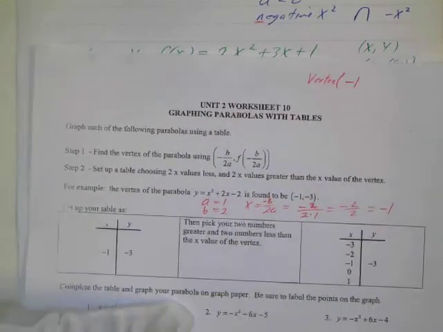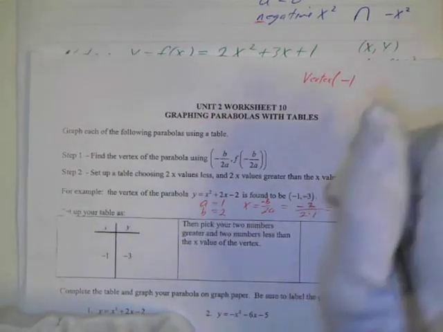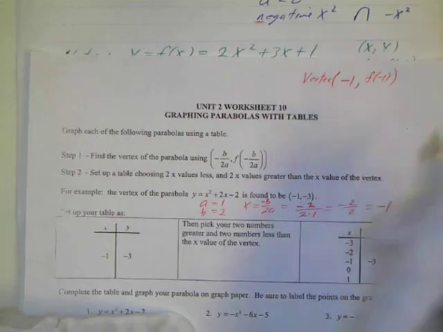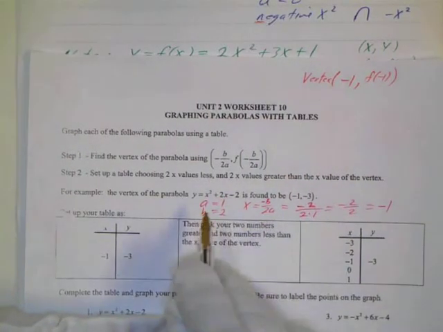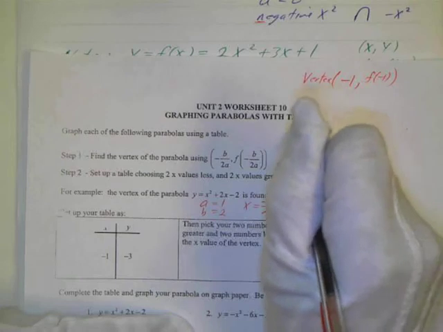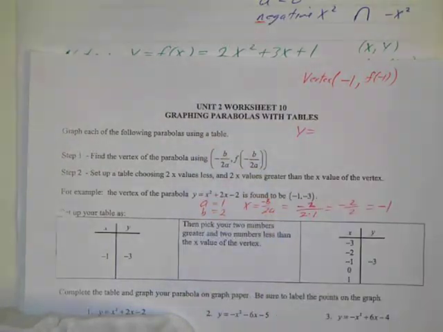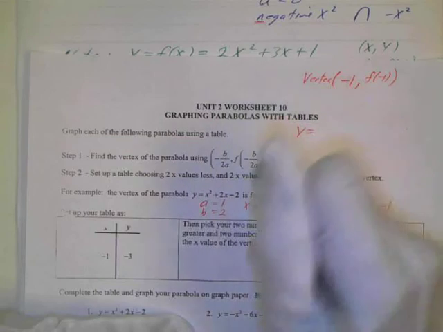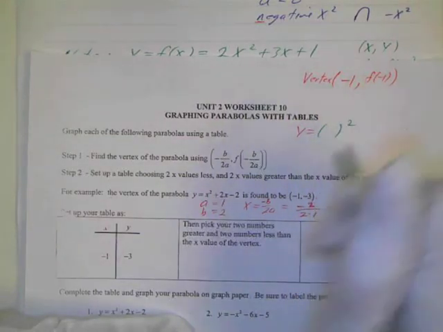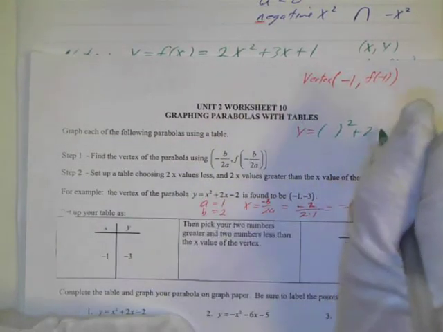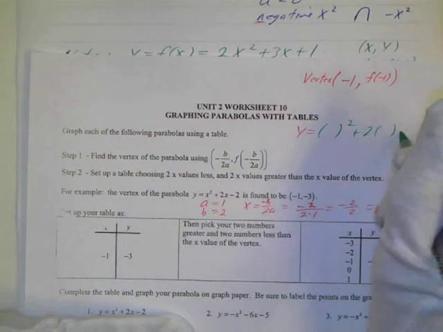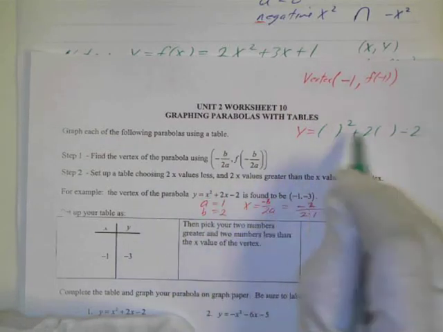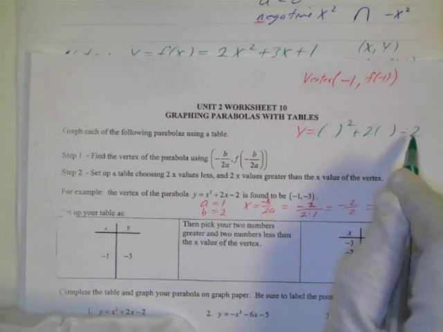Now how do I find the y value? Well, I take f of negative 1. So the y value will be f of negative 1. So I'll just put that in the rule. So the rule is y equals x squared plus 2x minus 2. See? y equals something squared plus 2 times that something minus 2.